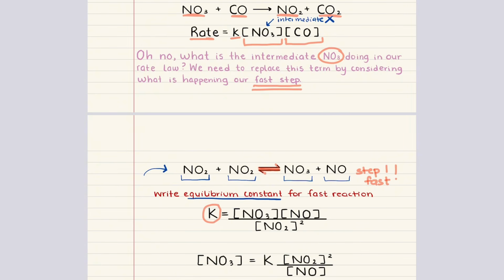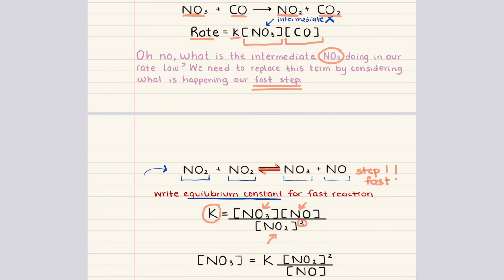The equilibrium constant for step 1 is going to equal the concentration of nitrogen trioxide multiplied by the concentration of nitrogen monoxide, all divided by the concentration of nitrogen dioxide squared.